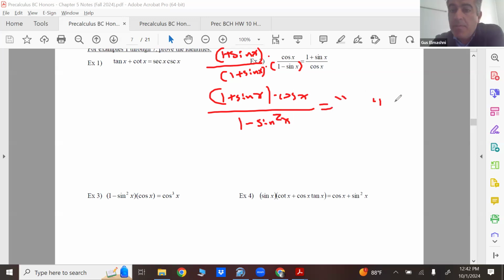Okay, A-okay so far? What trigger am I doing now? What's 1 minus sine squared? Cosine squared x. Do things cancel, guys? Yes or no?